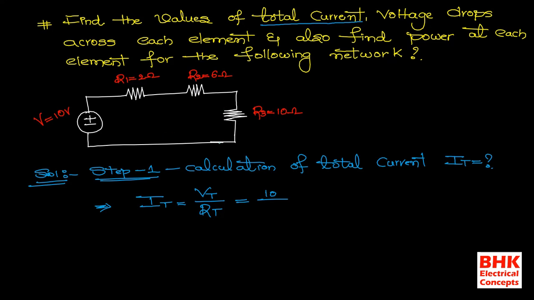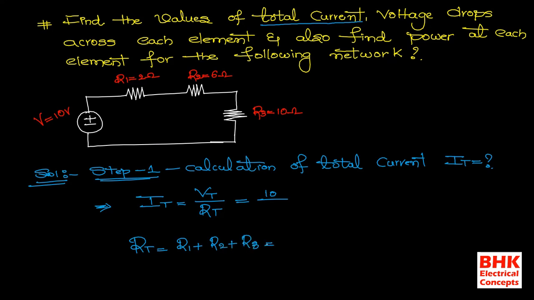In this network, all the resistances, that is R1, R2, R3, are connected in series. So to find the total resistance RT when all resistances are connected in series, we can directly add all the values: R1 plus R2 plus R3.